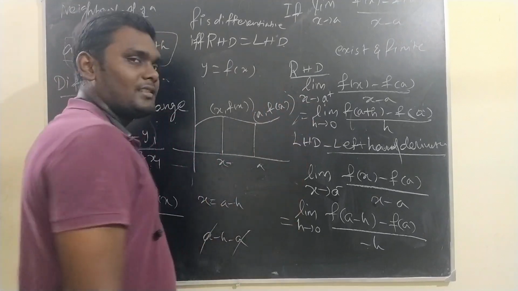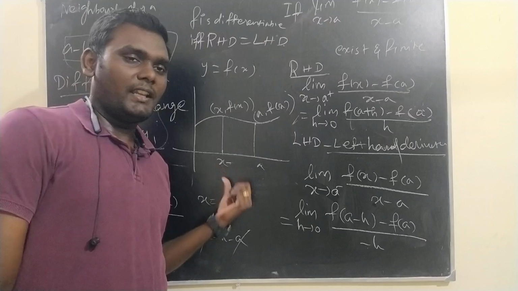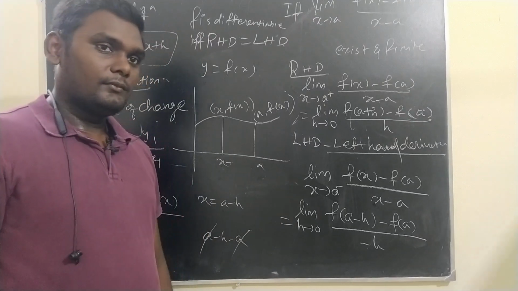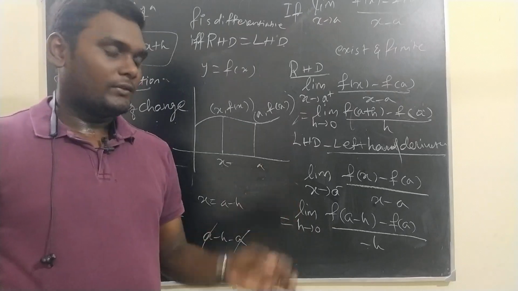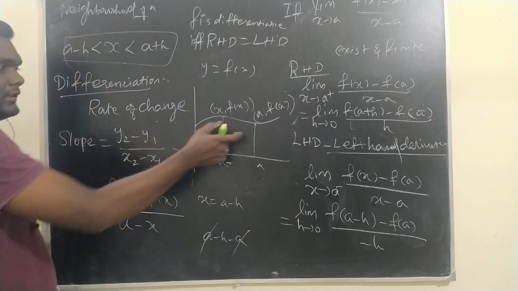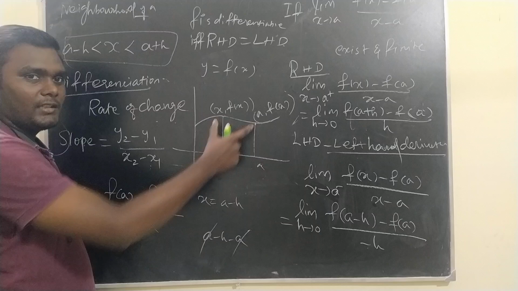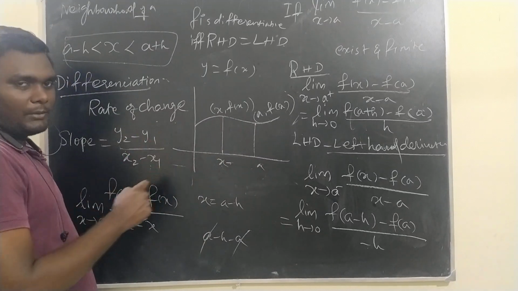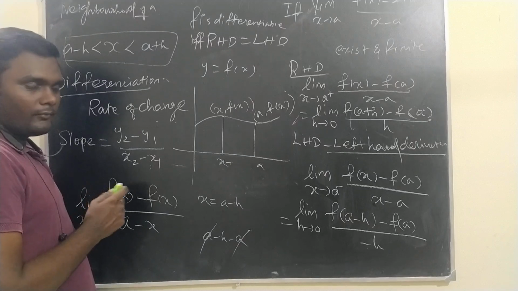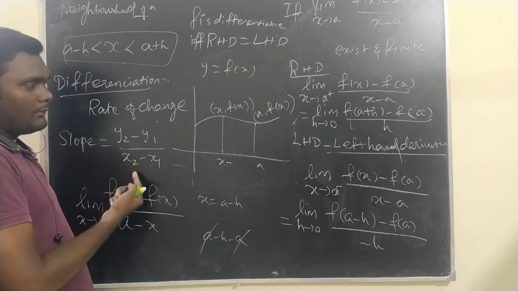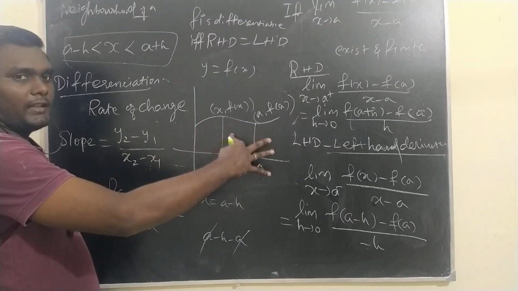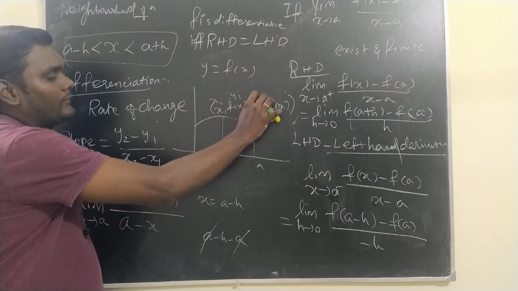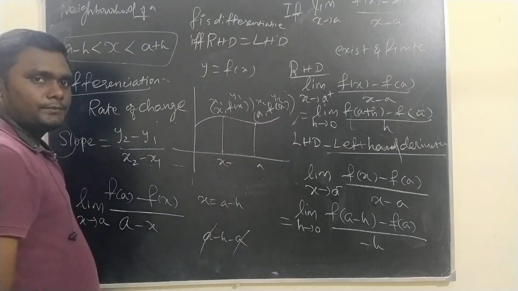Now we are about to measure the change happening between these 2 points when x approaches A. How do we find out? By finding the slope of the tangent. Slope means, between these 2 points, we should apply this formula: y2 minus y1 divided by x2 minus x1. Here we have 2 points. This first point is x1, y1, this is x2, y2.